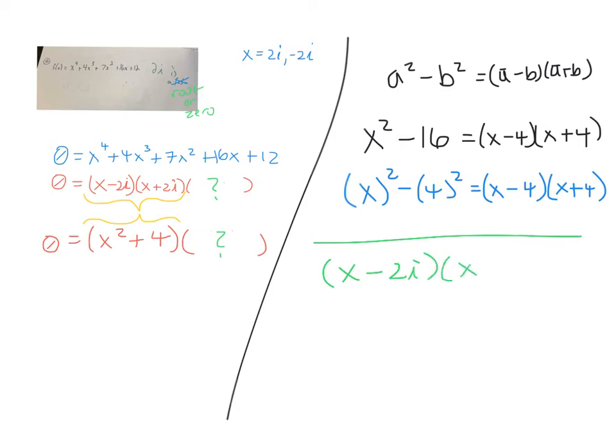All right, so this would be x minus 2i times x plus 2i. And when we really focus on this, in the same way that this x times this x gave us this x squared, this x times this x is going to give us x squared. And if you analyze what happened here, we had a 4 times a 4 gives us 16, and that ended up going over here.